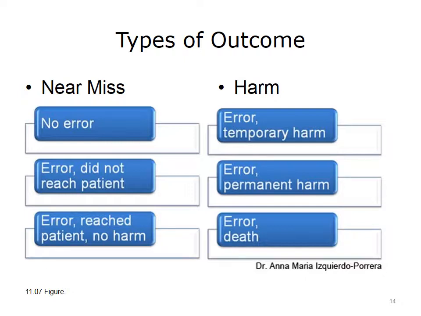The Agency for Healthcare Research and Quality, AHRQ, refers to a "near miss" as an event that occurs but that luckily does not cause patient injury. An example of this type of "luck" may be a patient getting the wrong medication, but the medication is harmless.